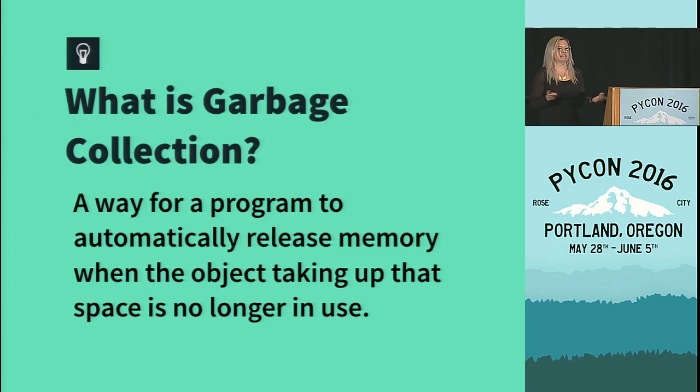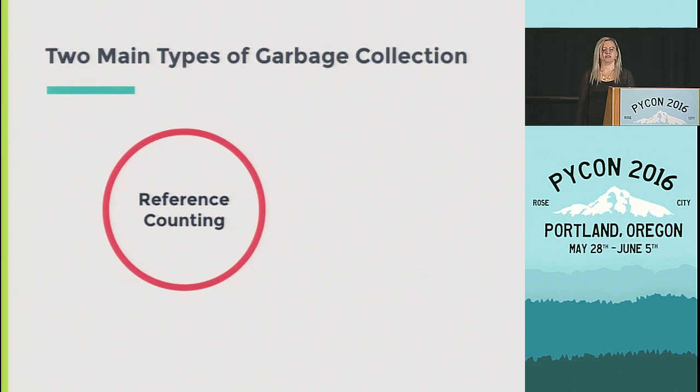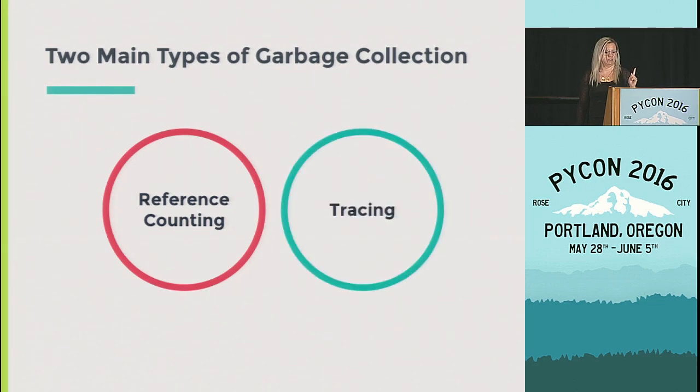If you accidentally overwrote your memory, your program could totally crash. Garbage collection came to the rescue. I like to think of garbage collection as memory recycling. There are 2 main types of garbage collection, the first being reference counting, the second being tracing. In a way, Python uses both.